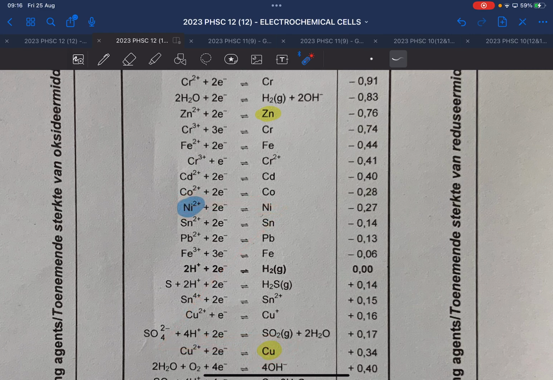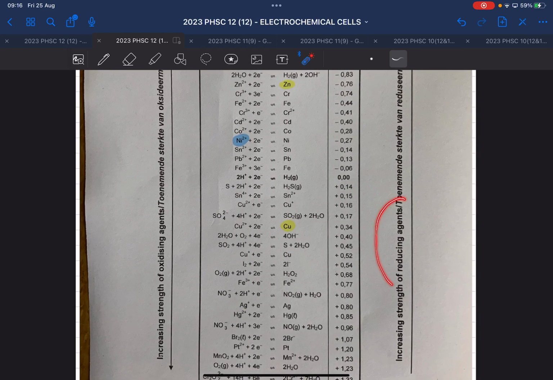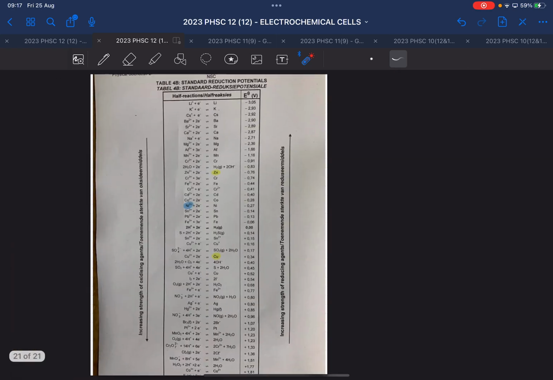Okay? But you can either look at the strength of the reducing agents or oxidizing agents. So Tawana chose to look at the oxidizing agent. So she will say nickel is a weaker oxidizing agent than copper ions, or copper ions is a stronger oxidizing agent than nickel. Or she can say zinc is weaker than nickel or whatever. So you compare the two things with one another.